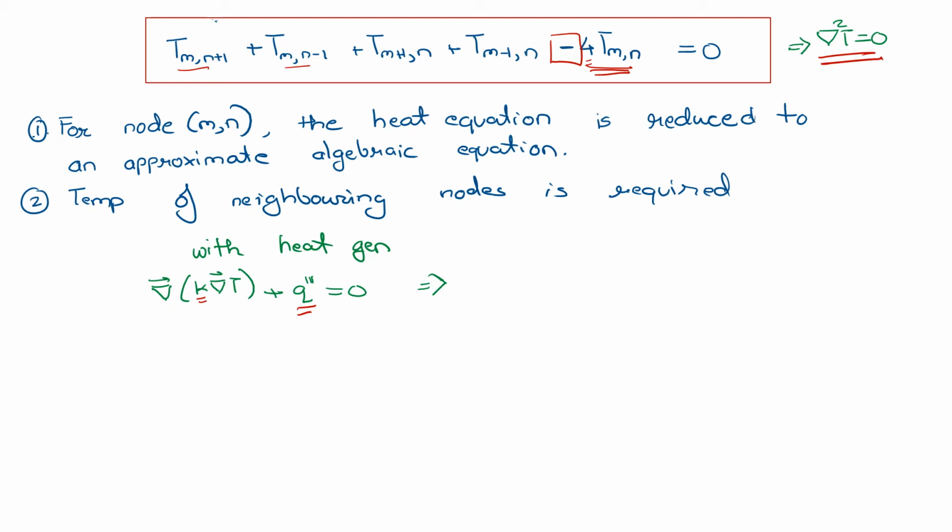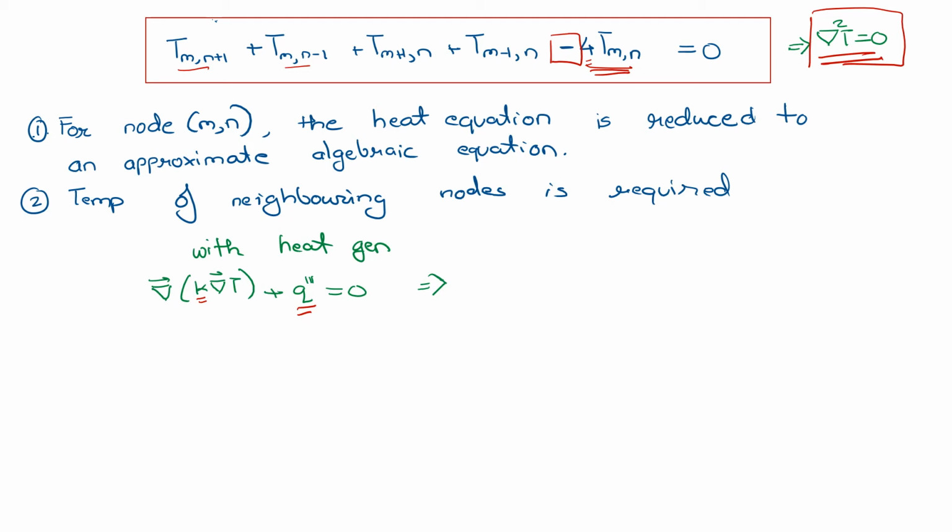And because we had a zero on the right hand side, we just assumed that our equation was del square T equals 0, so the K did not matter. But now because we have a heat generation term, we'll have to consider the thermal conductivity as well.